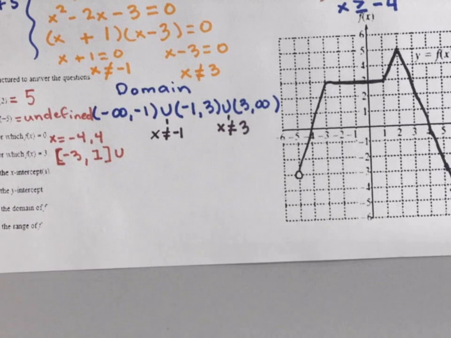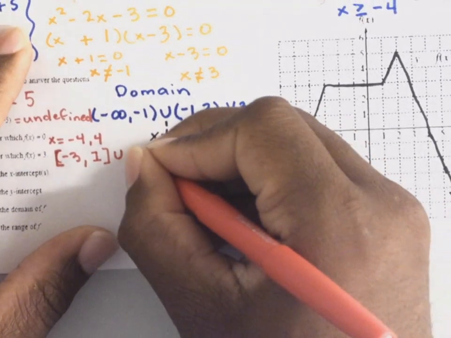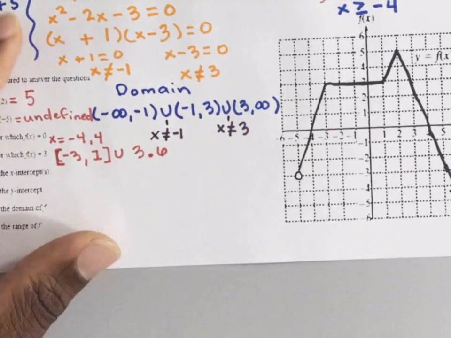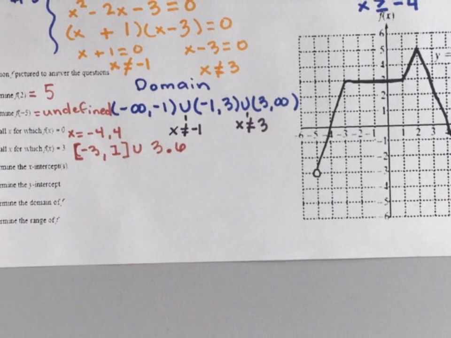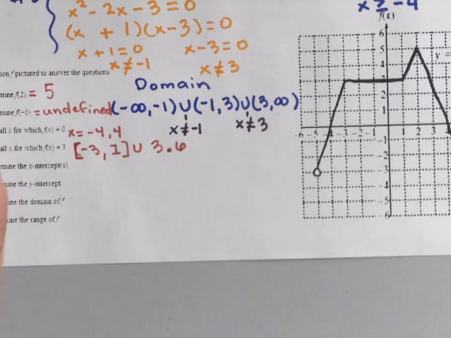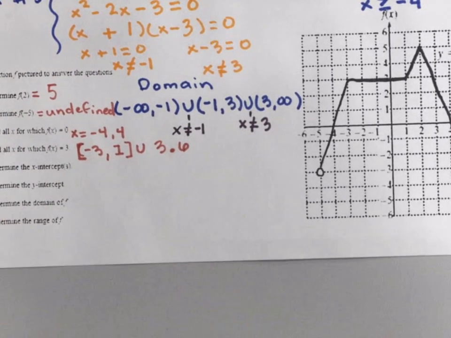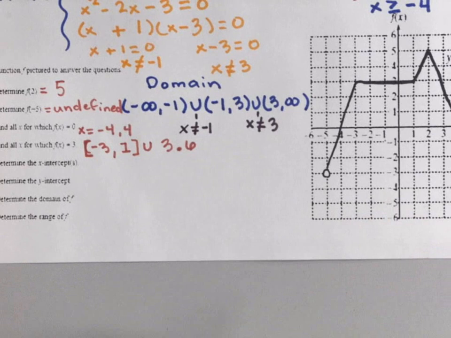Just for argument's sake, let's put 3.6. I asked this question just so we can think about it. You won't get a question like this when you start answering stuff. It won't be this unclear or foggy.